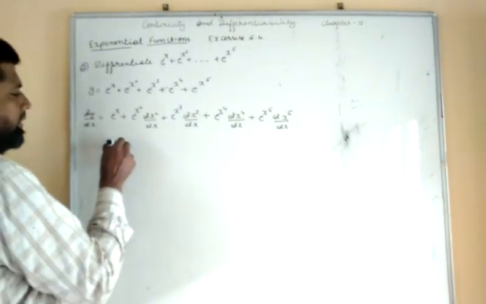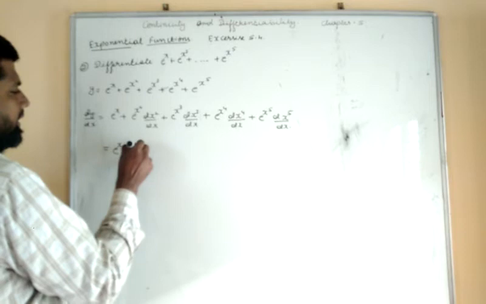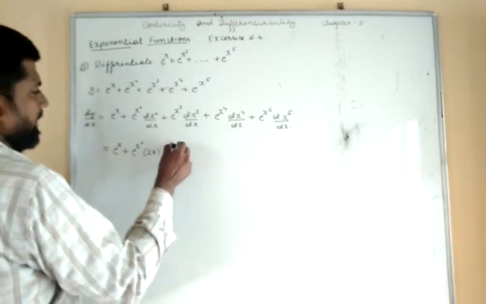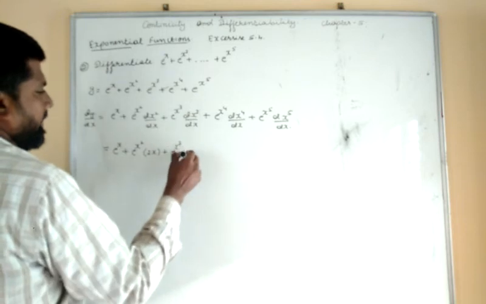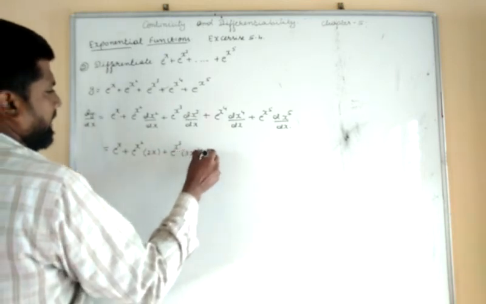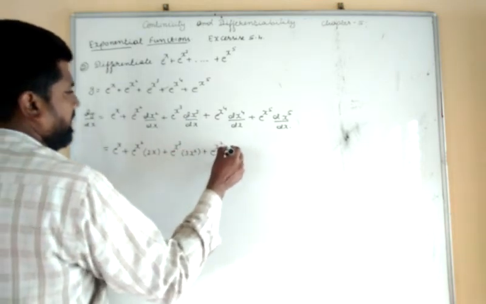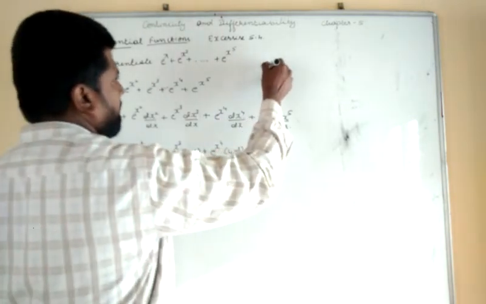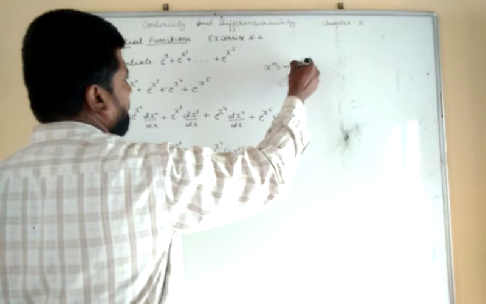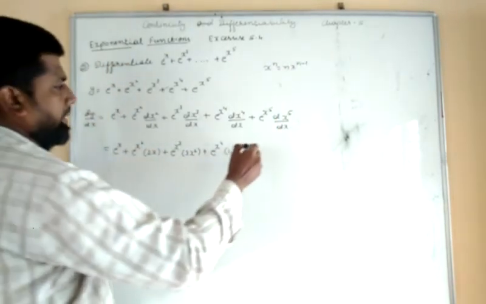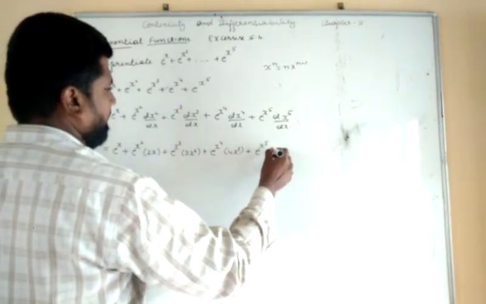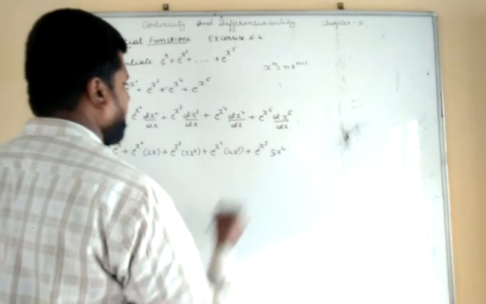So e to the power of x as it is, plus e to the power of x square; x square differentiation is 2x. e to the power of x cube; x cube differentiation is 3x square. e to the power of x to the power of 4, 4x cube. By using the formula, you know the formula, derivative of x to the power of n is equal to n into x to the power of n minus 1. You are applying here directly, okay? Then e to the power of x to the power of 5, then 5x to the power of 4.